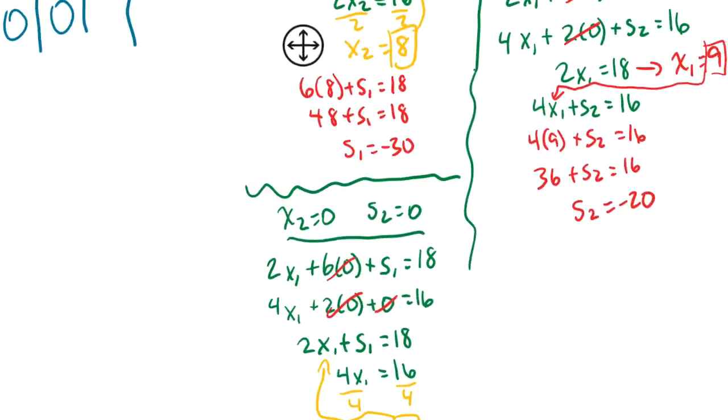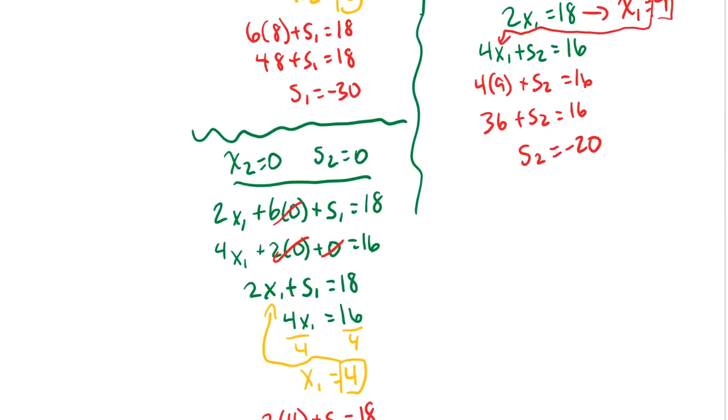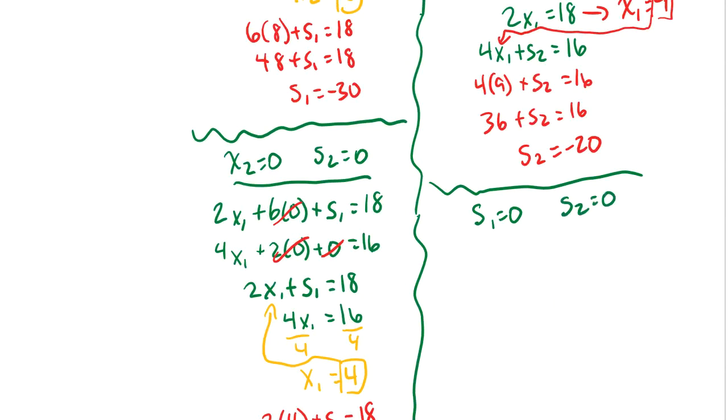All right, our last row. It's going to be s1 equals 0, s2 equals 0.